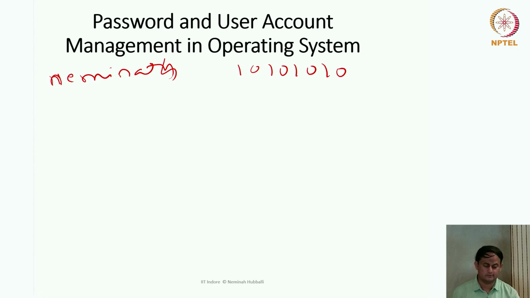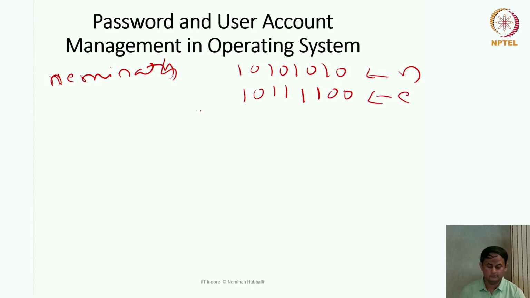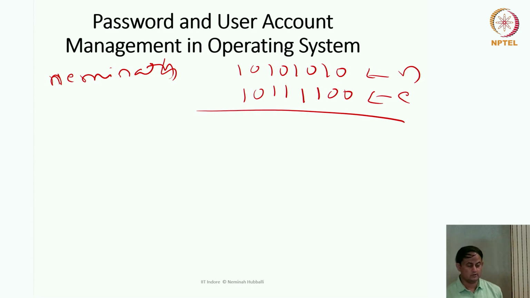This is a hypothetical number. Let's say this is the binary value corresponding to the letter N. Then similarly for the second character E, I might have another binary sequence like here. And what I do is I do an XOR operation between these. I'll get some binary digits in here.